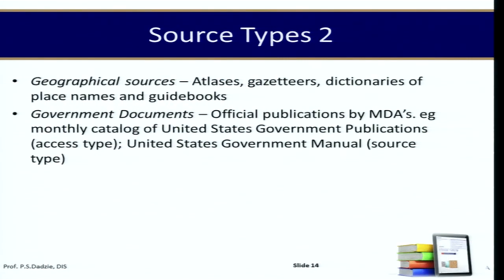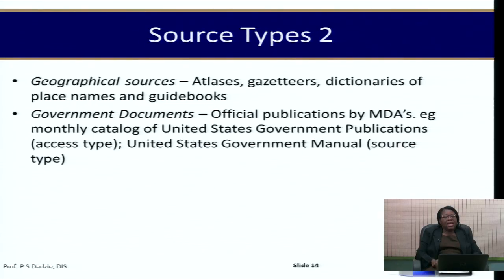We have other source types, such as geographical sources. Examples are atlases, gazetteers, and dictionaries of place names. A gazetteer is simply a dictionary of place names. And we also have guidebooks.